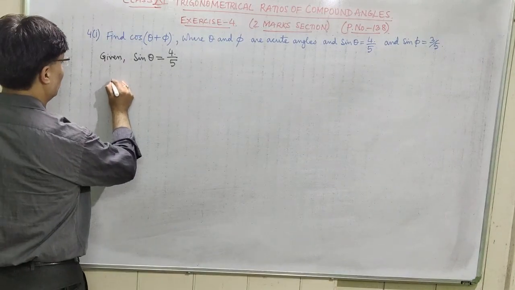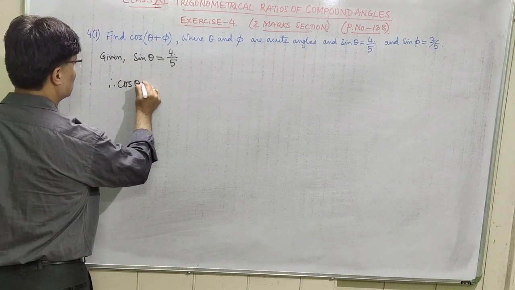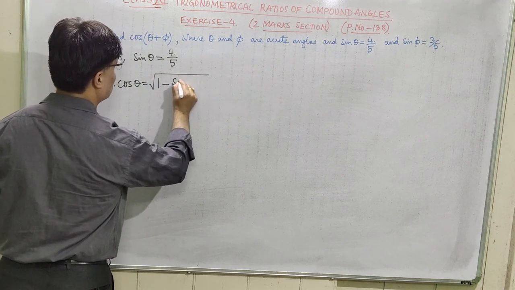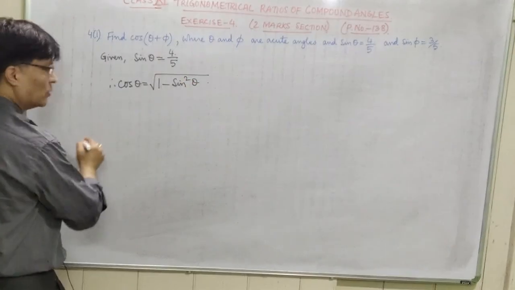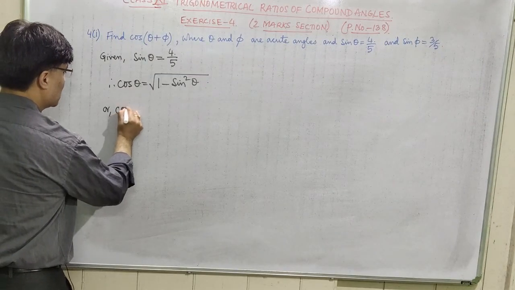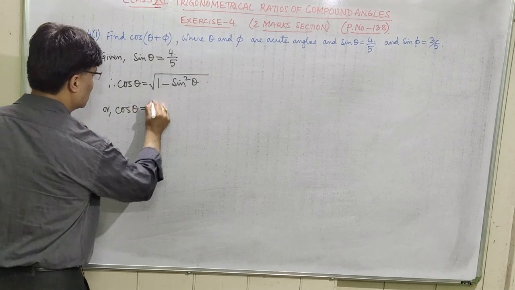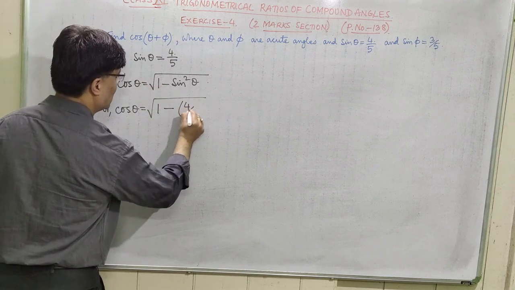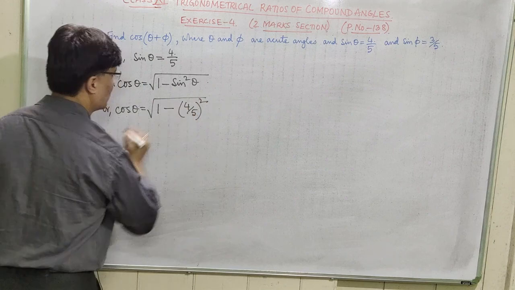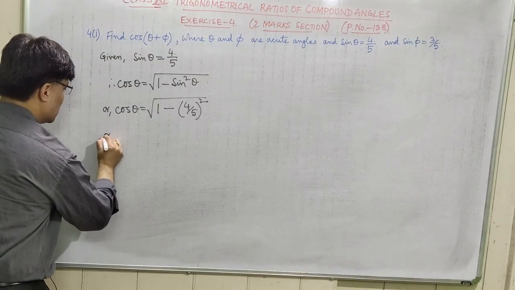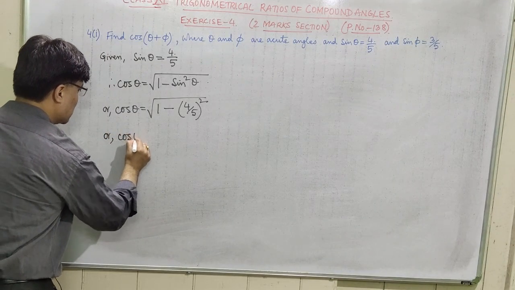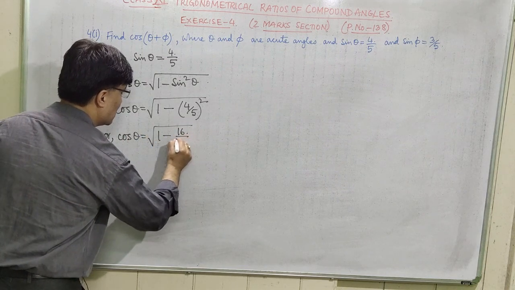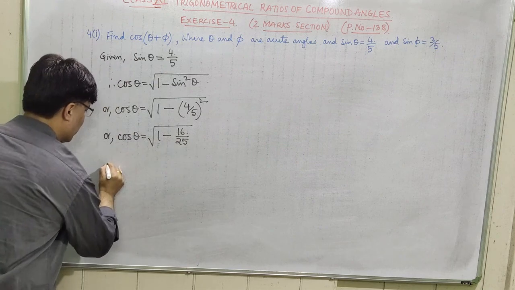So therefore, what is cos theta in terms of sin theta? It is positive square root of 1 minus sin square theta. Okay. So now cos theta is equal to root over 1 minus what is sin theta whole square? It is 4 by 5 whole square. Or now cos theta is equal to root over 1 minus 16 by 25.